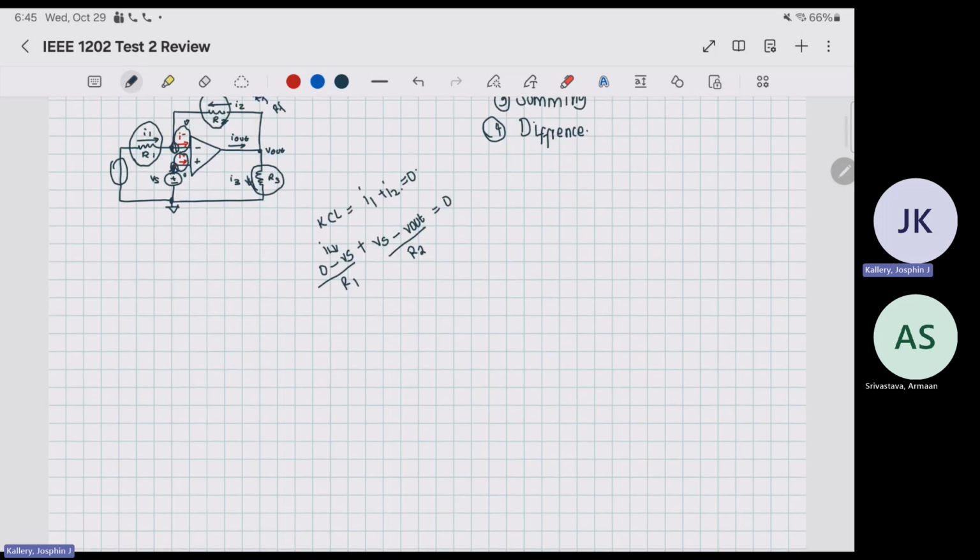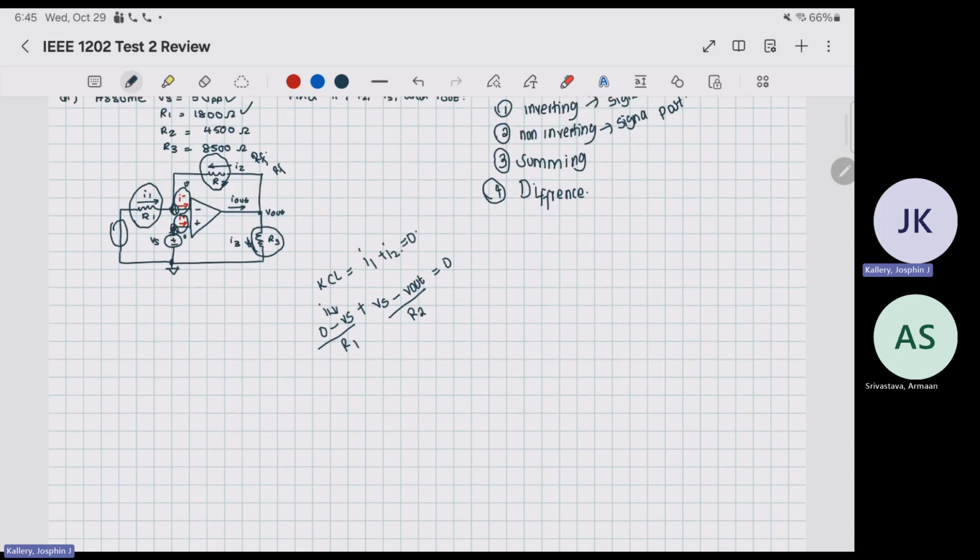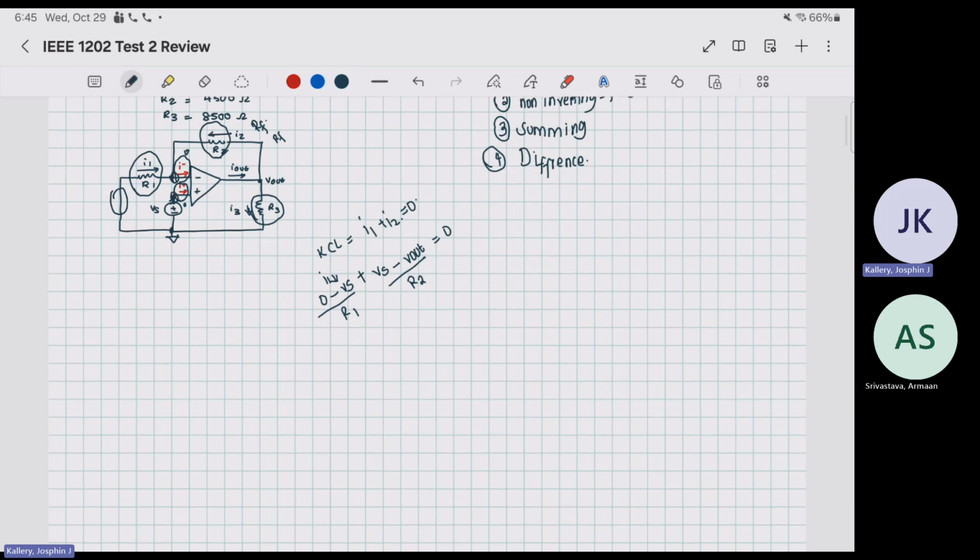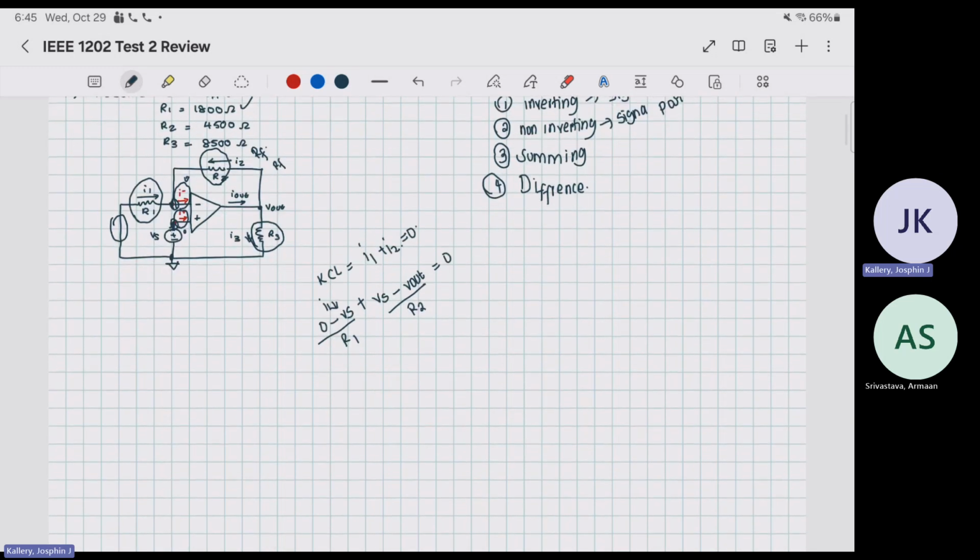So we can calculate this to get I1. That means I1 is equal to negative I2. Is that right? Yes. Okay.